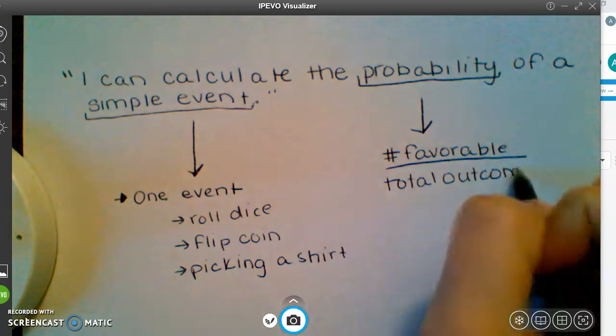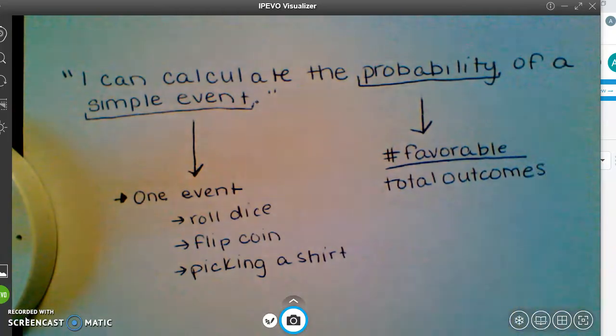So if you think about it, favorable outcomes, those are the outcomes that you want to occur. How many of them would satisfy what you're looking for? And total outcomes is how many outcomes are there in all for this situation. And what we're going to do is we're going to run through a bunch of examples together, and then you're going to have an assessments assignment. Okay, so I'm going to go ahead and go over to the notes.